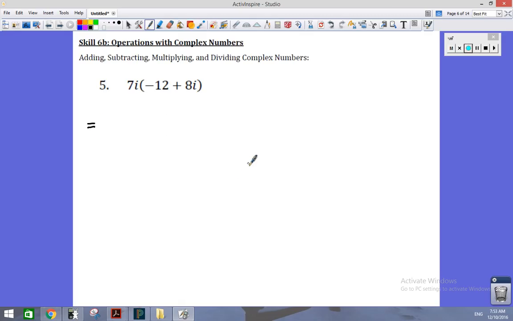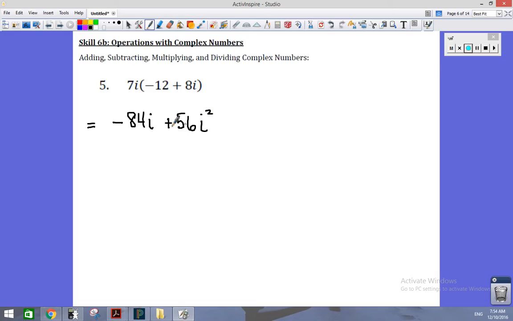So again, when we have multiplication, just as we do in real numbers, multiplication distributes over addition or subtraction. So if we have 7i times a negative 12, we have a negative 84i. And now here, when we have the 7 times 8 and the i times i as i squared, you have to keep going.